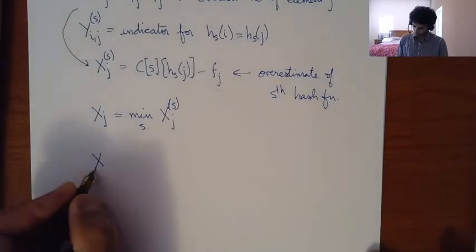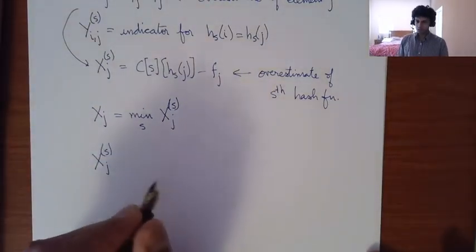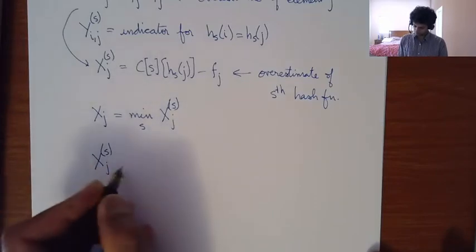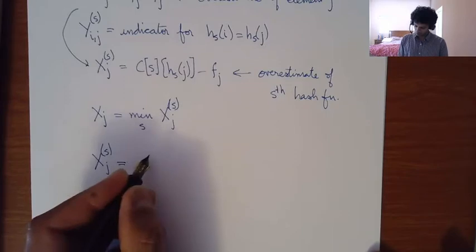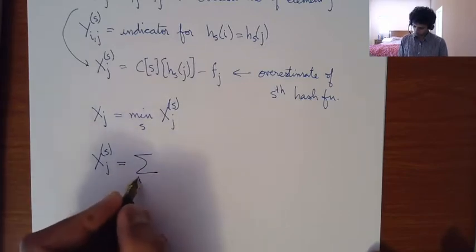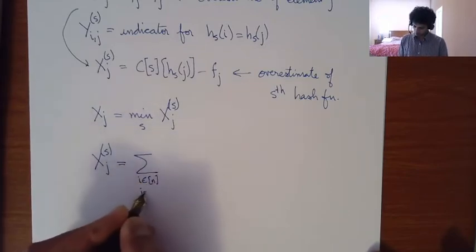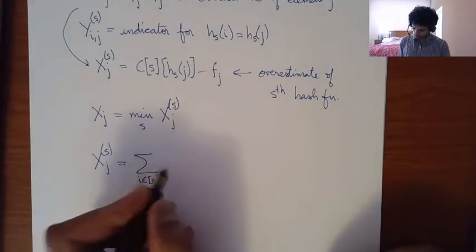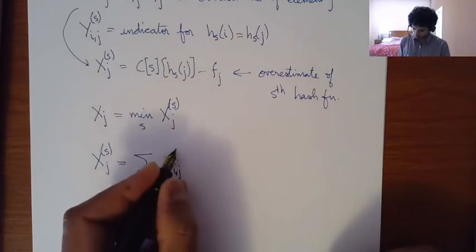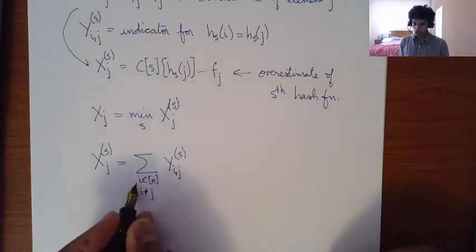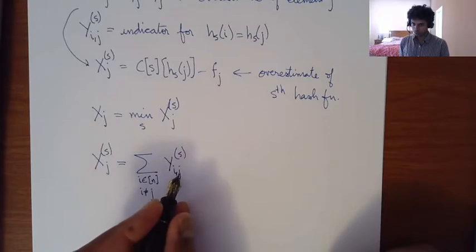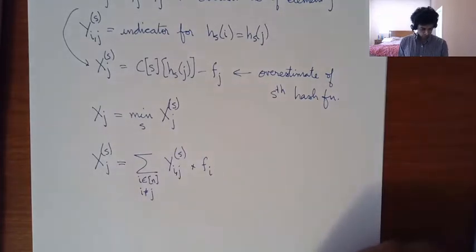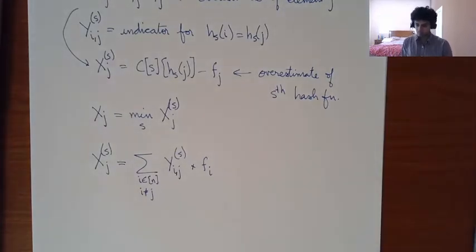Now we can write xjs as the summation over all i in n, with i not equal to j, of the indicator that i collided with j, times whatever the count of that i is going to be.